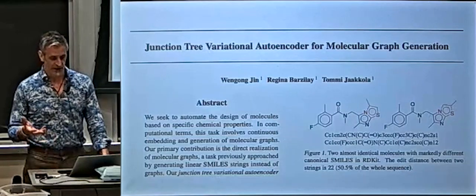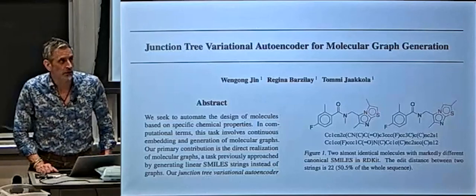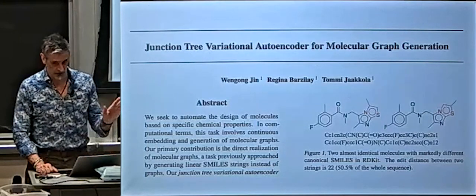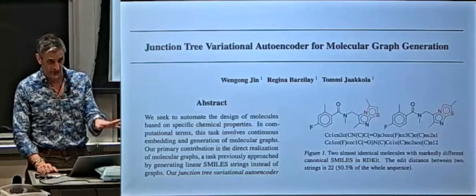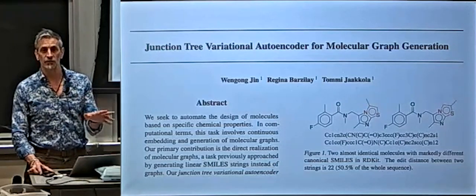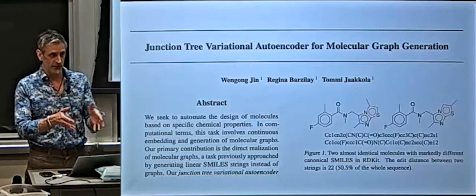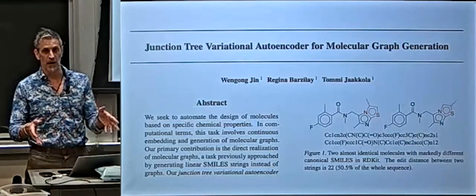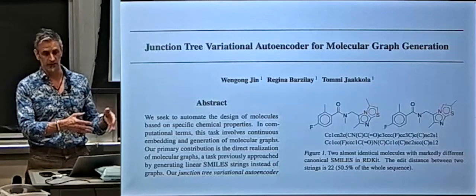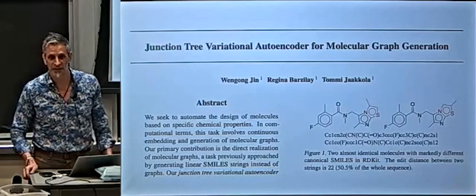This is a pretty obvious idea. When I taught a similar class, the first time I taught a class like this in the spring, I said, oh, this would be a good homework problem. I'll give the students 2 million SMILES strings, get them to make a transformer that will learn from those and be able to produce new SMILES strings.